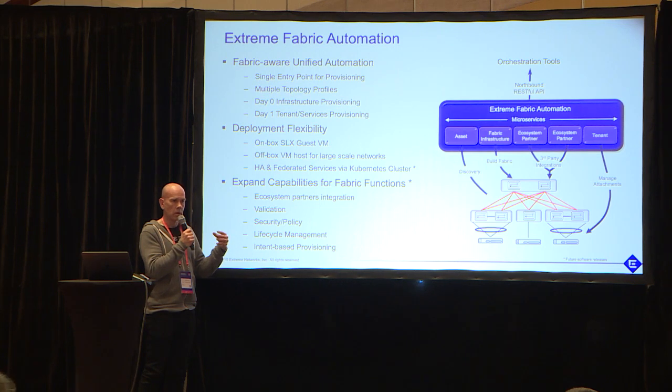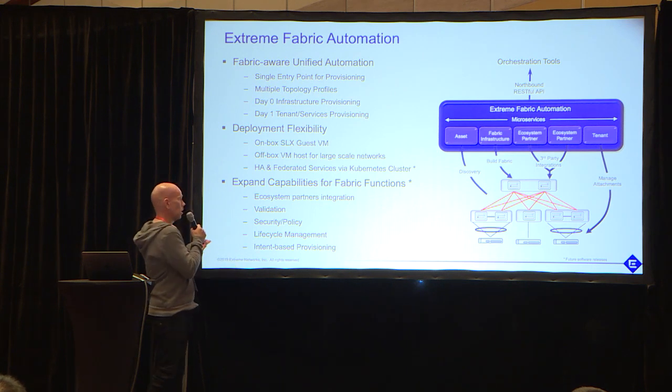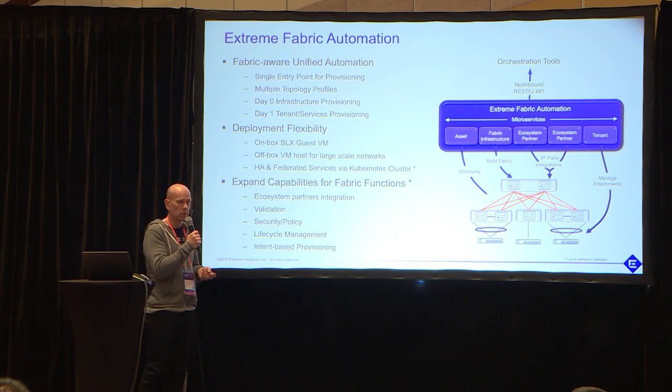So I'm not going to add any compute overhead due to the fact that I run it within my fabric. Or I can run it off-box, meaning that I can run it on a compute node somewhere in my infrastructure. I have both options. It provides me with high availability and federated services via Kubernetes clusters.